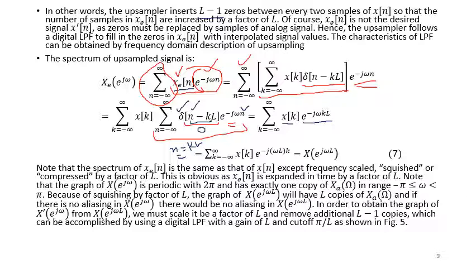Because you are summing it, if you compare with the standard Fourier equation, this equation has, instead of omega, omega L. We can write it as the summation with k running from minus infinity, x of k, and e to the power minus j, omega times L, times k.